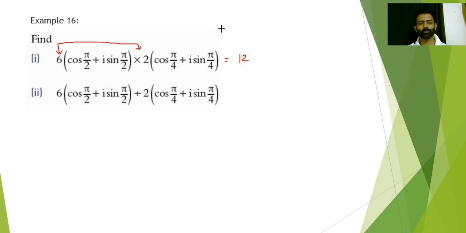So this is 90 plus 45, which is 135 degrees, which we write as the principal value 3 pi by 4. So this can be written as 12 times cos 3 pi by 4 plus i times sin 3 pi by 4.